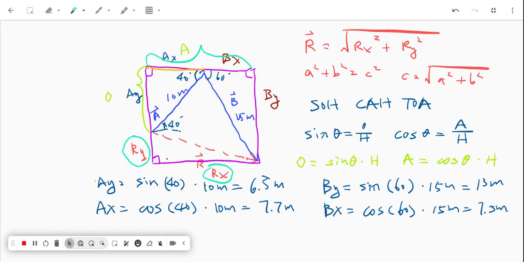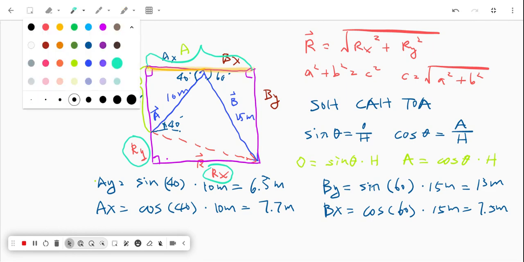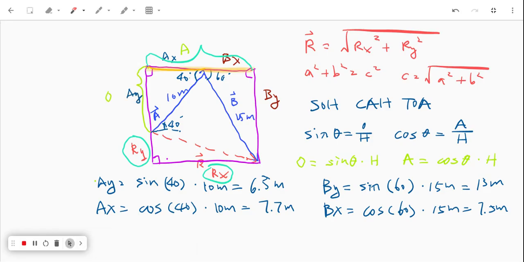AX is this side and BX is that side. So you add them up together, you get the whole thing, correct? So RX equals AX plus BX. Then you add two numbers up, 7.7 plus 7.5, you get 13.2 meters.